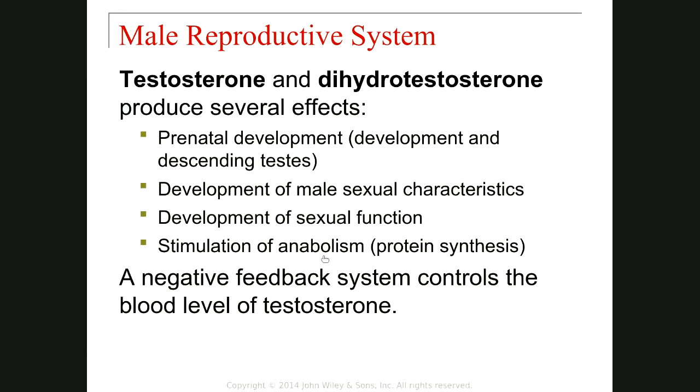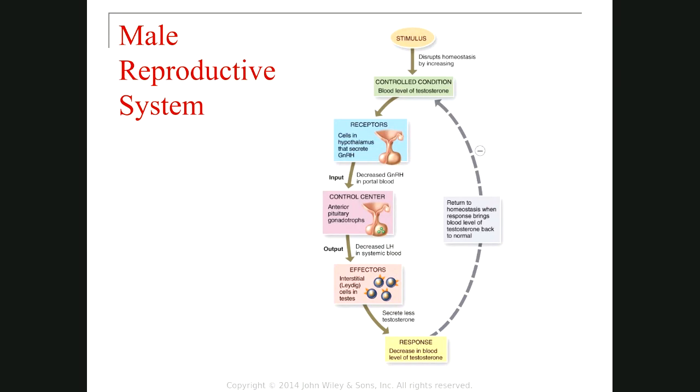And as I told you, the negative feedback system can control the blood level of testosterone. Here you can see the negative feedback loop. When the amount of testosterone increases from this interstitial cell or Leydig cell, it goes to the blood, then it works on the receptor which we have in the hypothalamus, so the amount of GnRH first decreases.